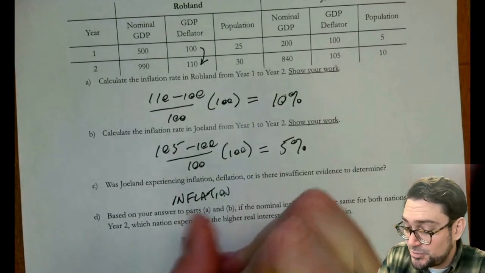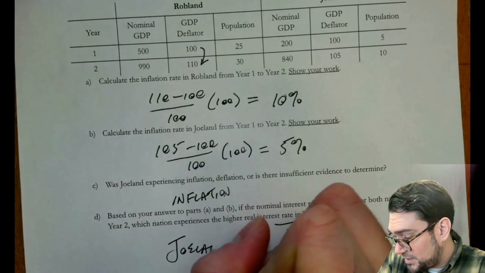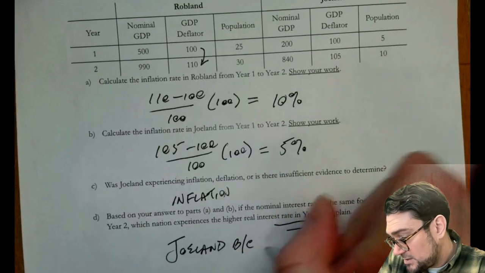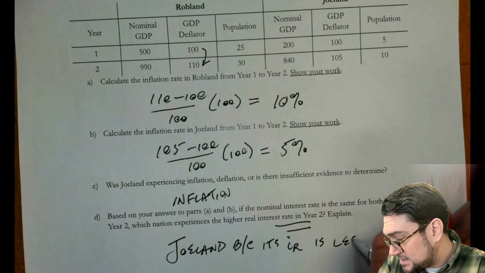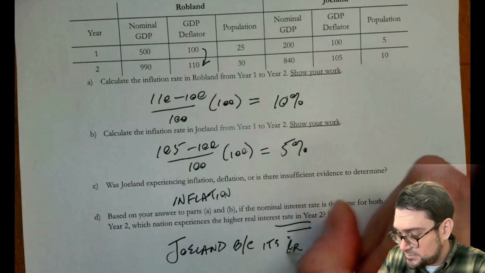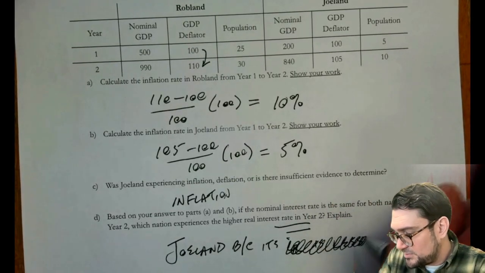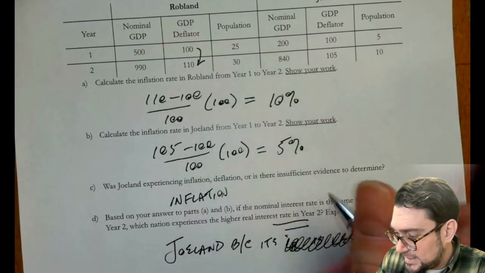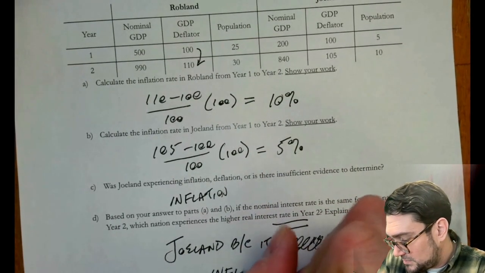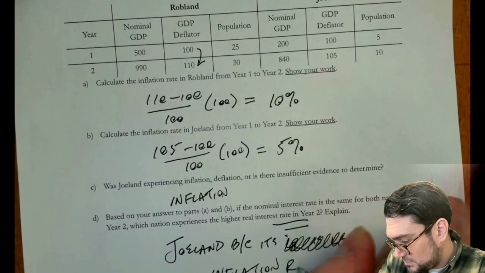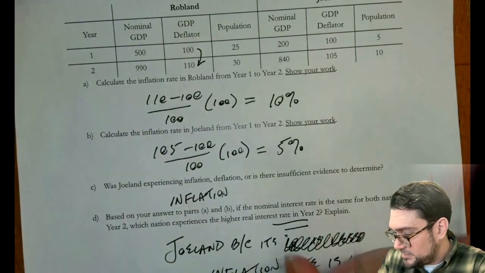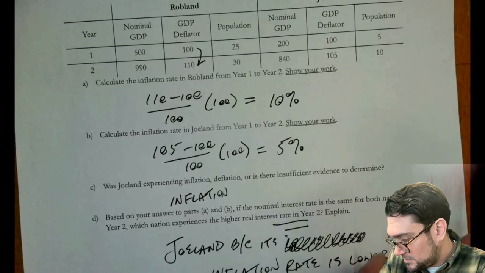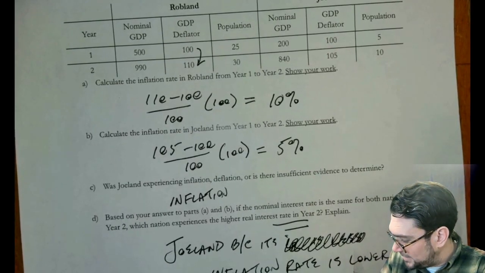And so the answer here is Joe Land, because its inflation rate is lower. So its I sub R is higher.